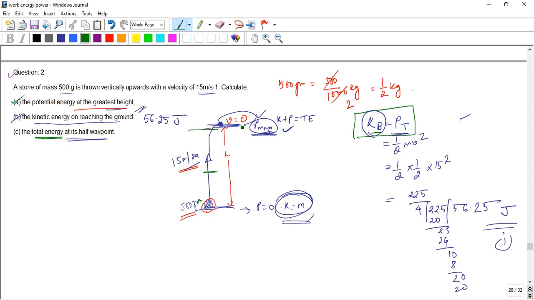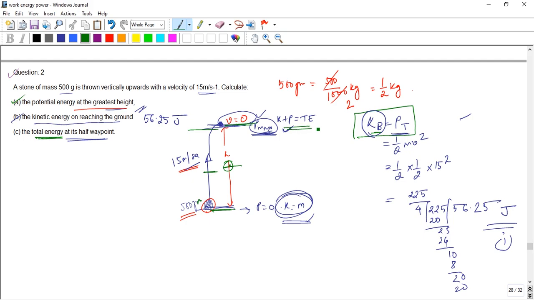Total energy at the top is equal to total energy at the midpoint and also at the bottom, all the same. So we do not need to calculate kinetic energy plus potential energy and add them. By the principle of conservation of energy, the total energy is always constant.